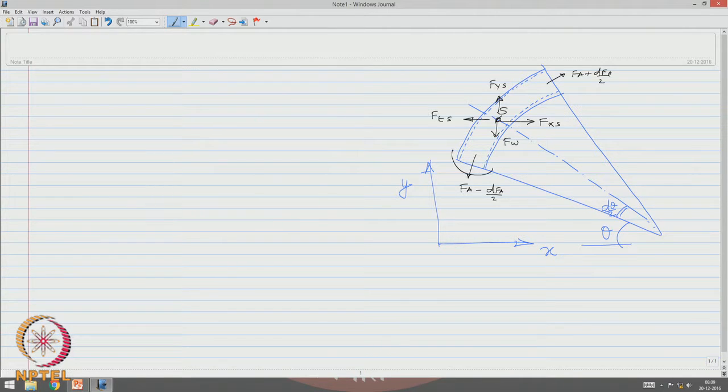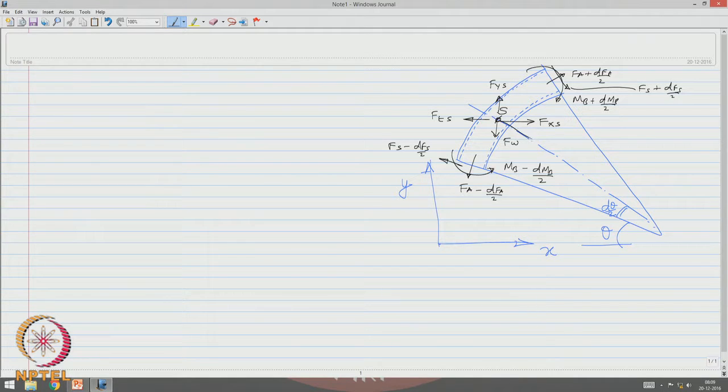Similarly, look at the moment, this is going to be Mb minus dMb by 2, whereas this is going to be Mb plus dMb by 2. Similarly, this is going to be Fs minus dFs by 2, whereas this value will be Fs plus dFs by 2.